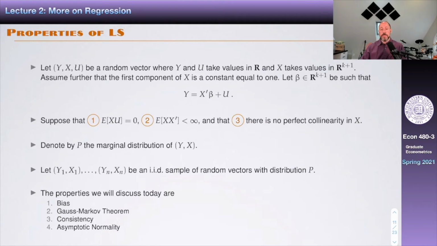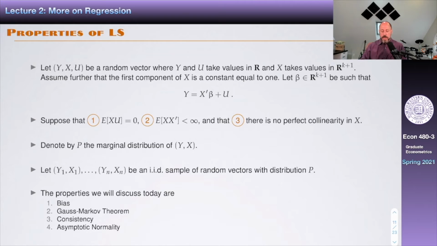Two is that the expected value of xx prime is finite, which in words says that these variables x have finite second moments. And the third one that we discussed is that there is no perfect collinearity in x. And then we showed this result that this is equivalent to saying that the expected value of xx prime, which is this matrix over here, is invertible. Those are our three basic assumptions to get results about least squares.